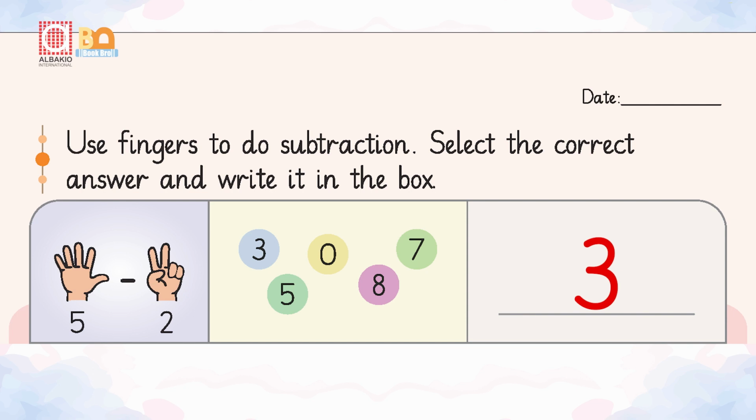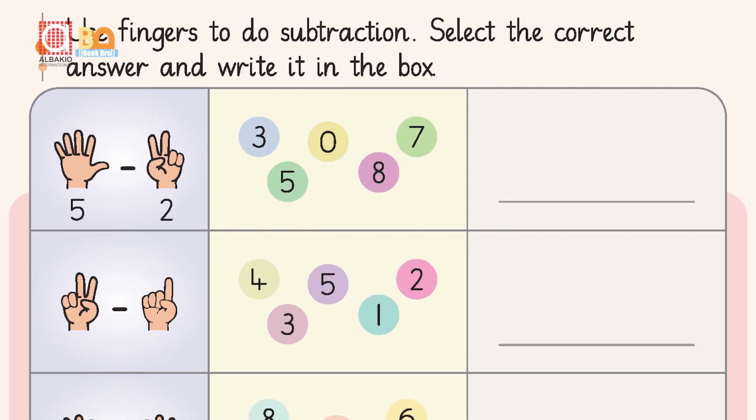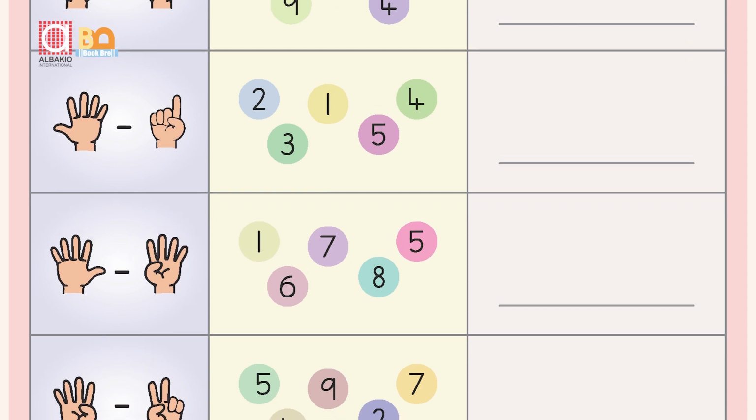Great. 2 minus 1. Similarly, we will cut 1 finger from here and we are left with 1 finger. It means 2 minus 1 is equal to 1. Great. Now challenge yourself and do some mental subtraction by yourself.